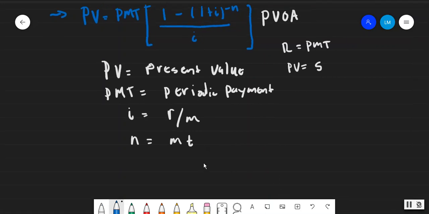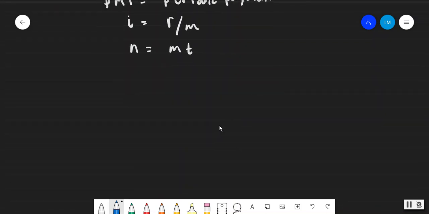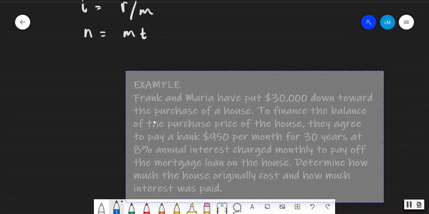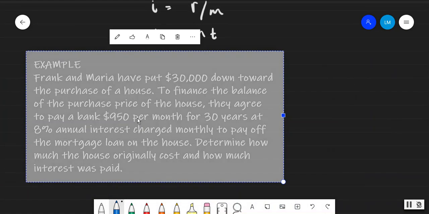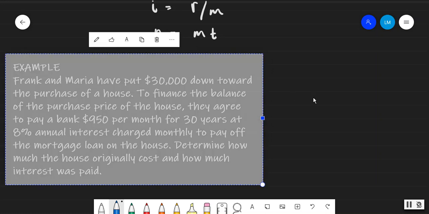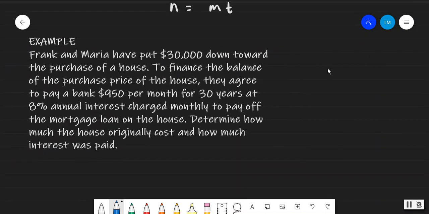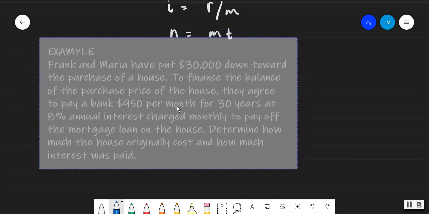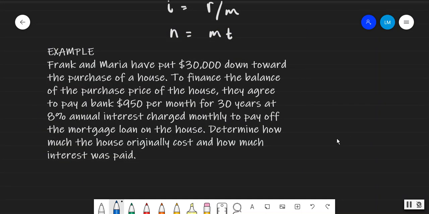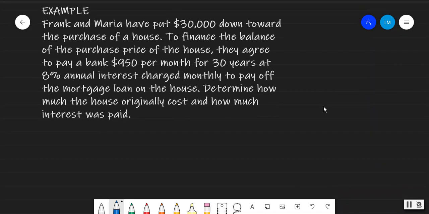Now let's use this formula for practical applications. One of the most practical applications is buying a home. Frank and Maria have put 30,000 down towards the purchase of a house.